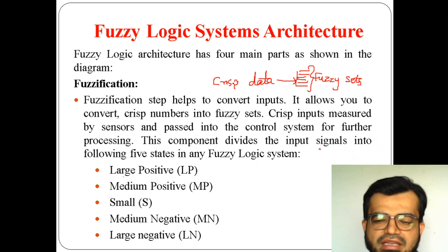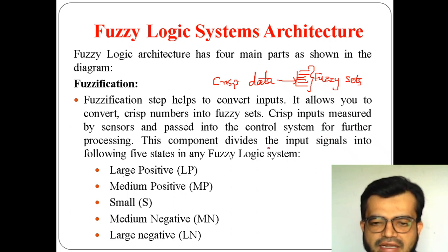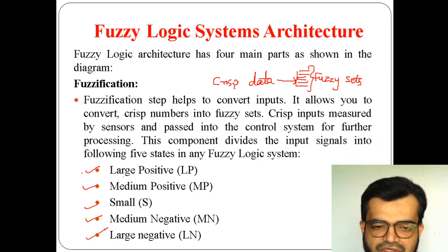For example, consider some input signal values. That signal value is actually your crisp data, the correct information. But what I am doing here is dividing that input into a set of values such as large positive, medium positive, small, medium negative, large negative.